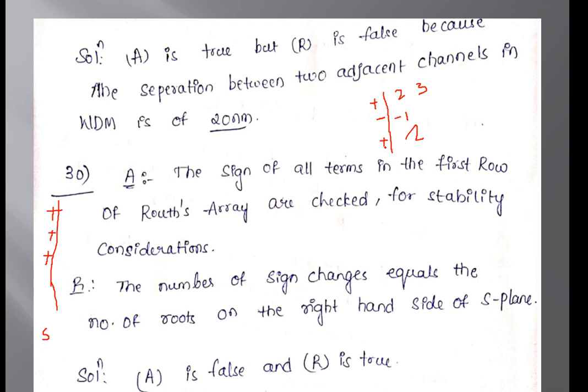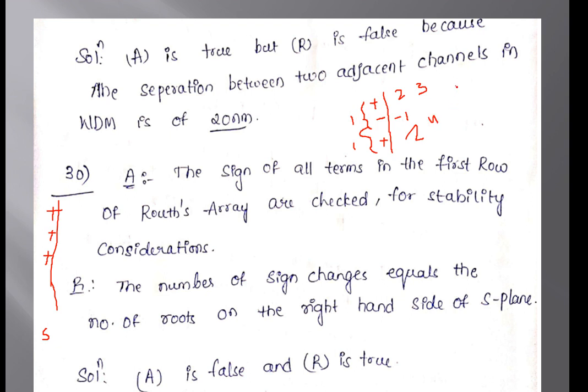If you want to check the number of sign changes in the first column, here I have plus 2 to minus 1, one sign change, and minus 1 to plus 2, one more sign change. So the number of sign changes in the first column of the Routh array indicates the number of poles on the right hand side of the S-plane. So here we have 2 sign changes and the system is said to be unstable.